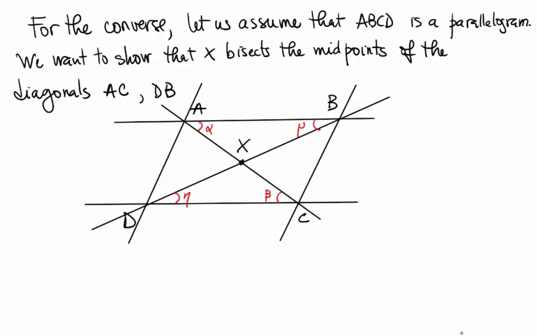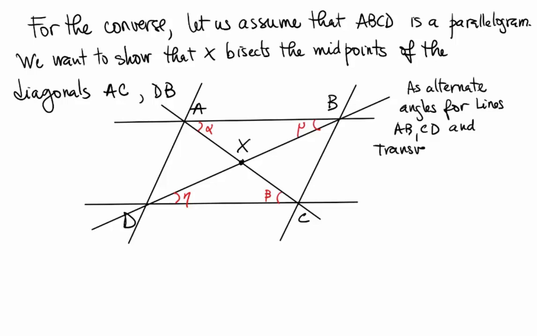All right, so now you can see that as alternate angles for lines AB, CD, and transversal AC, alpha must be equal to beta.